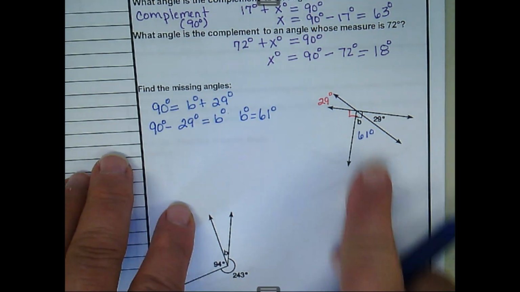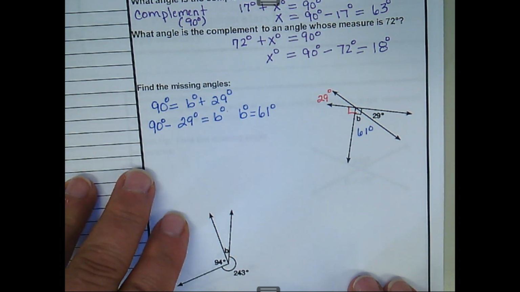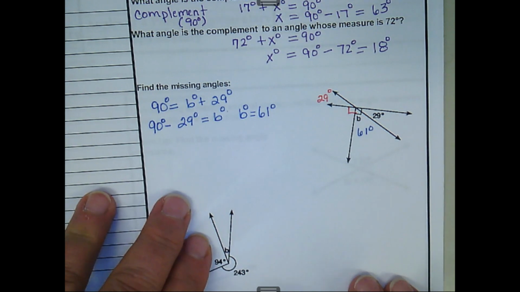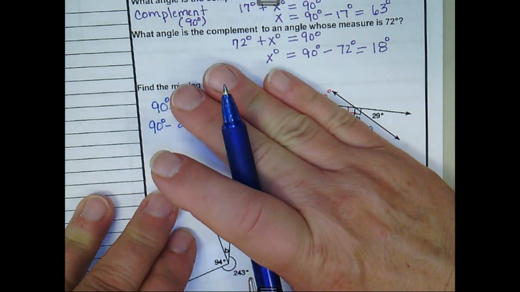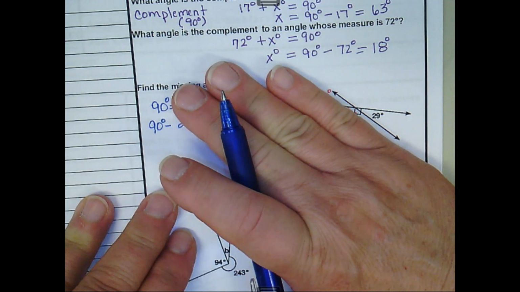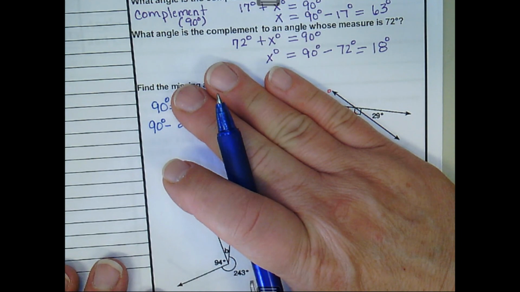Okay, what about this last angle? Is there any quick and easy way to do that? Well, what do you see? Two intersecting lines. If I cover up this much, I see that this angle and this angle create a line.